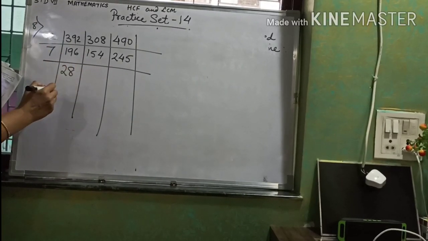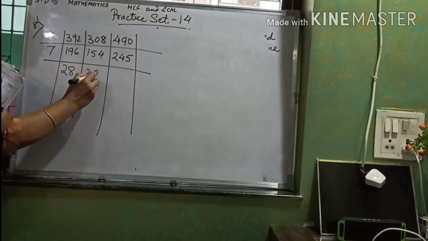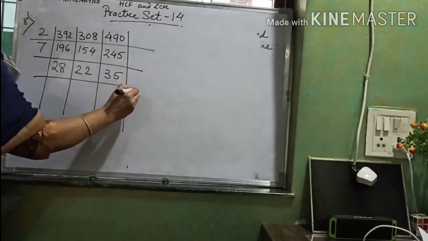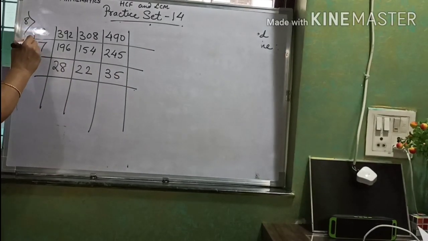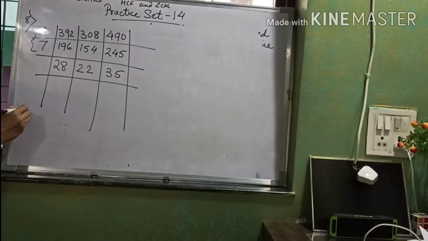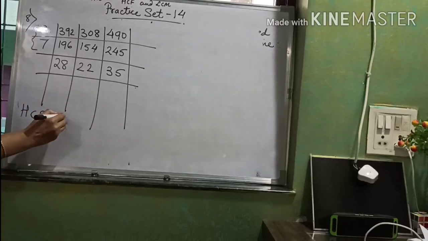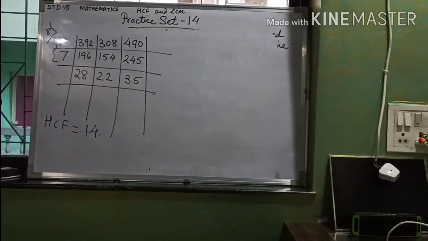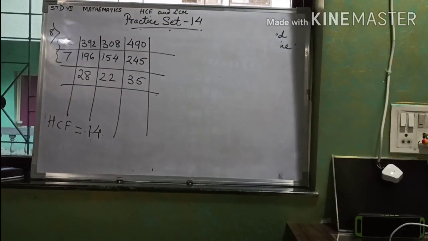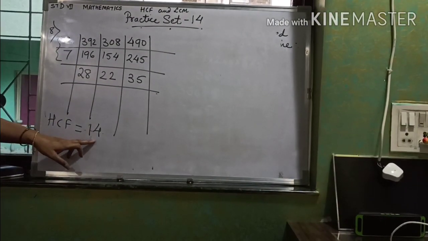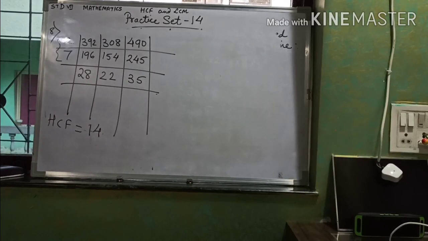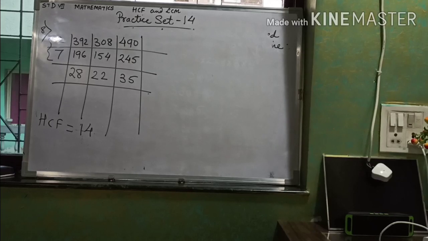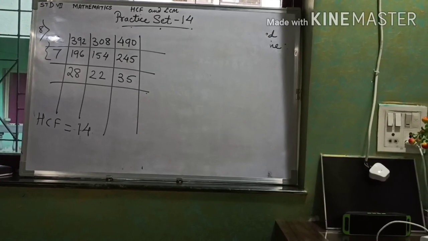So 7 multiplied by 28, then here by 22 and 35. So here the common factors on the left side, it gives you HCF. So HCF is 14. So greatest length of the string that should be cut, it is 14 meters. So the remaining examples, they are based on LCM and HCF that you can solve in your classwork copy.